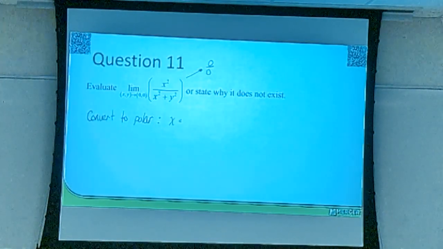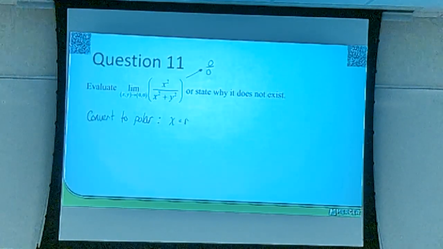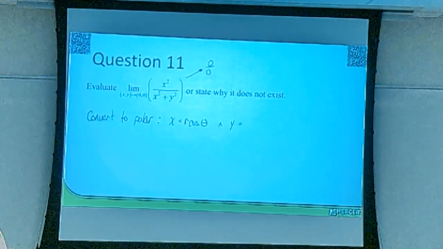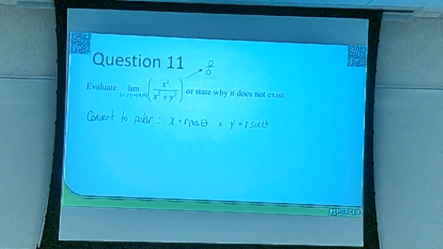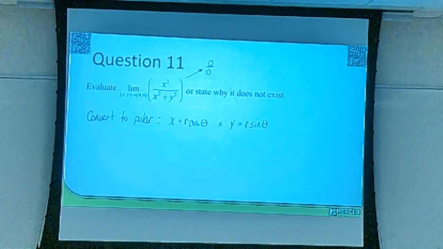What does x equal in polar coordinates? And what about y? X squared plus y squared is r squared.